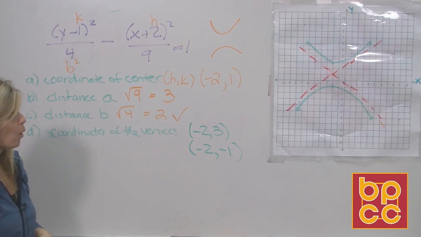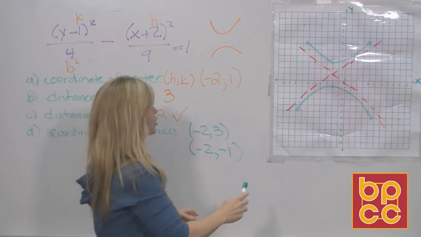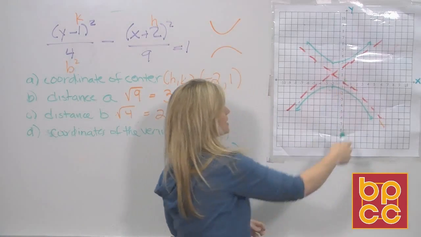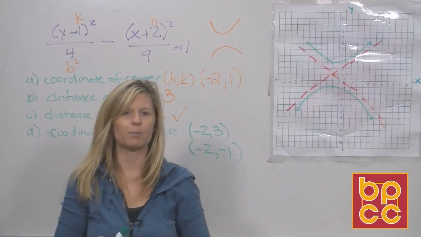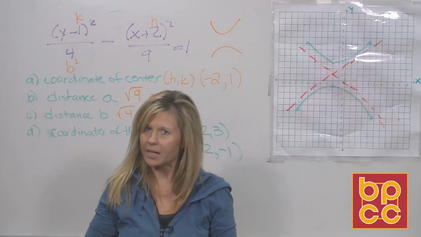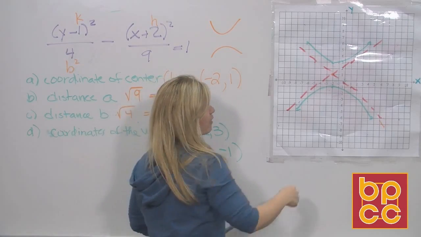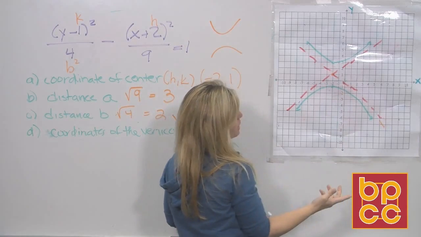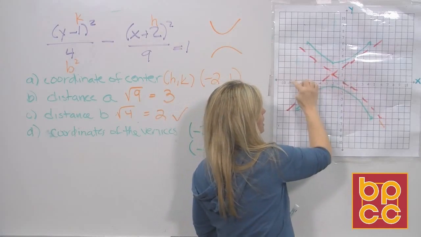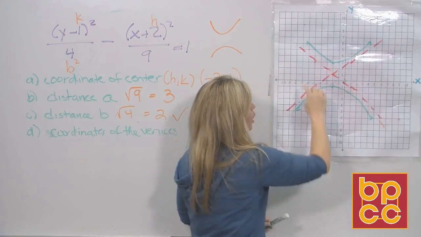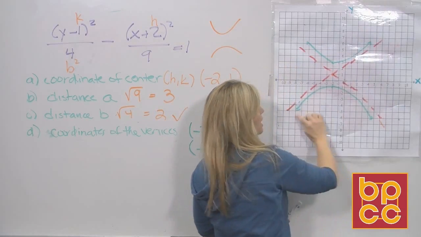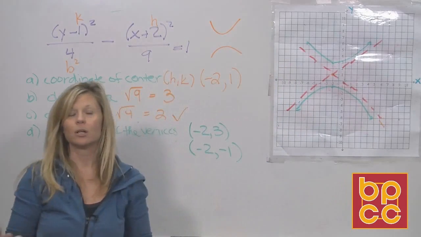Now, we can go into a bit more details. We could ask you to write the equations of these asymptotes, which are diagonal lines. You'd have to figure out y equals mx plus b. We could ask you to find the x-intercepts and the y-intercepts. But if you look, will this hyperbola touch the x-axis? Well, if this curve keeps going up, up, up, and this curve keeps coming down, down, down, you're right.